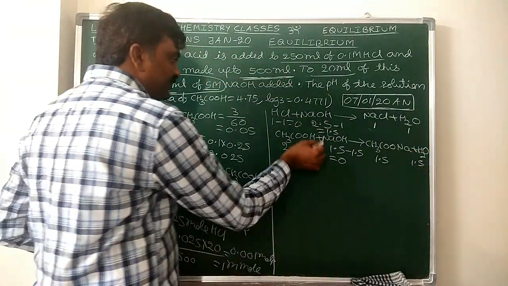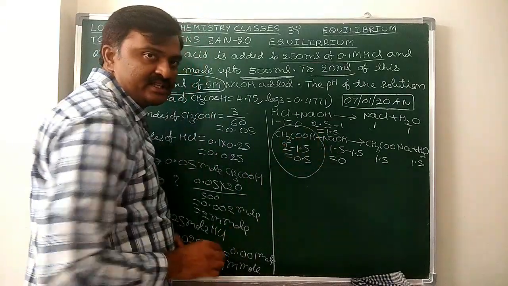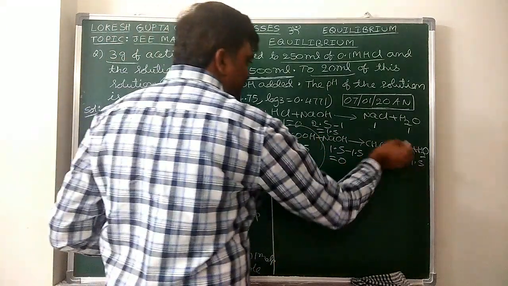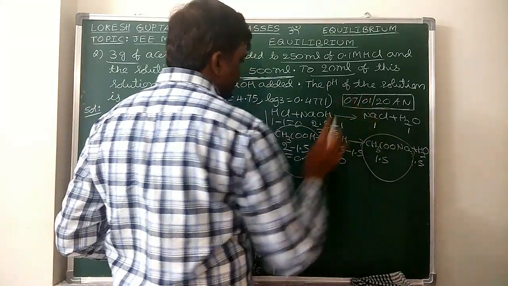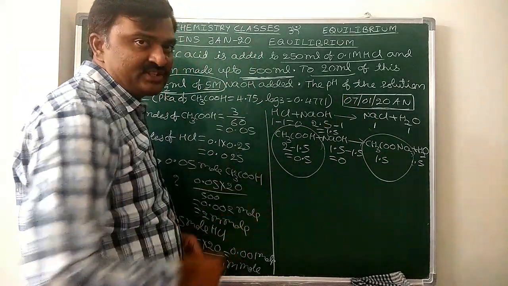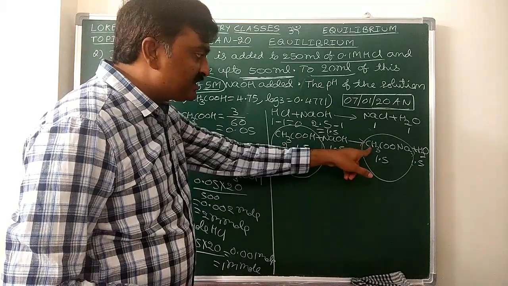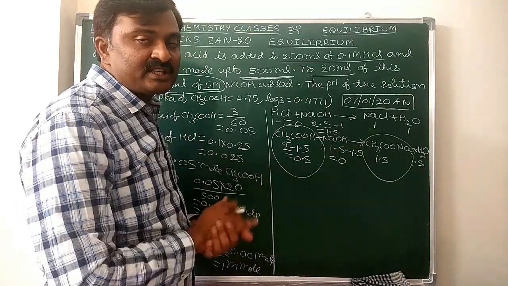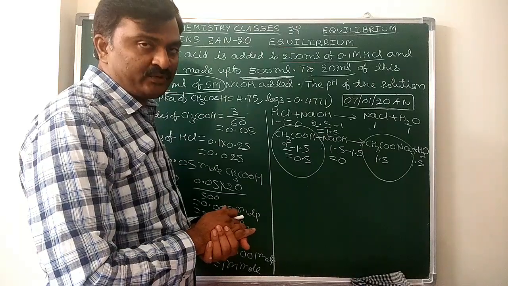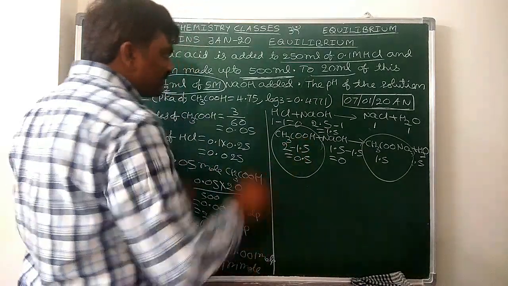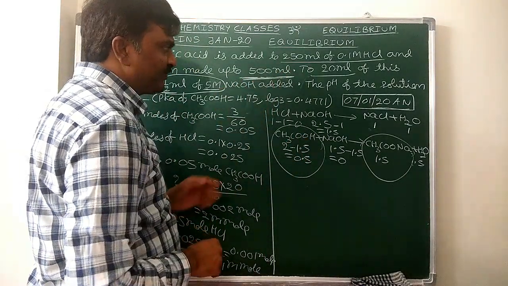Now in this resulting mixture, what is there? Acetic acid plus sodium acetate. Of course, NaCl is also there, that is neutral. A mixture of weak acid and its salt with a strong base will act as a buffer, an acidic buffer.